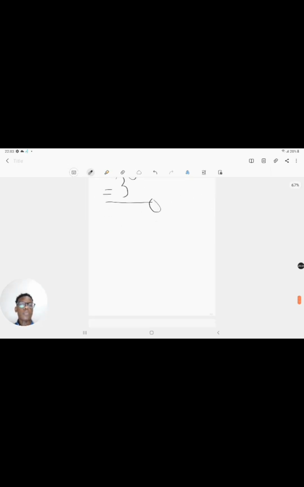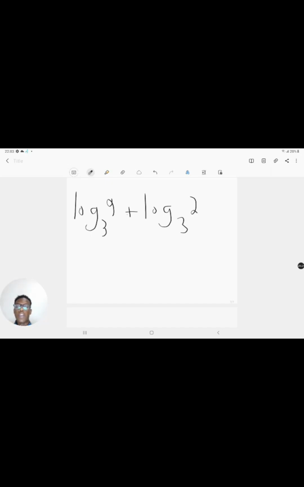Let's do another quick example. Let's say you've got log base 3 of 9 plus log base 3 of 2. Remember, the bases are the same.